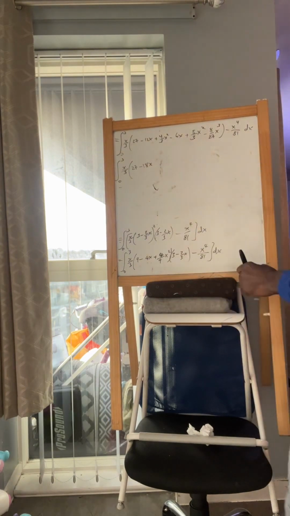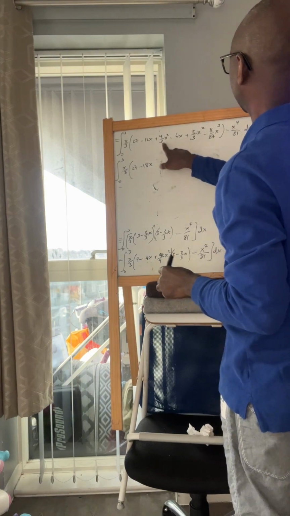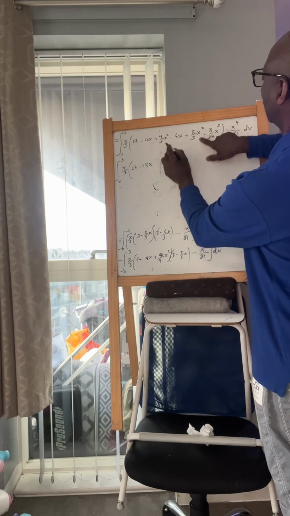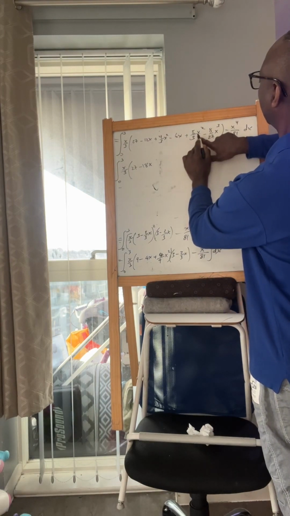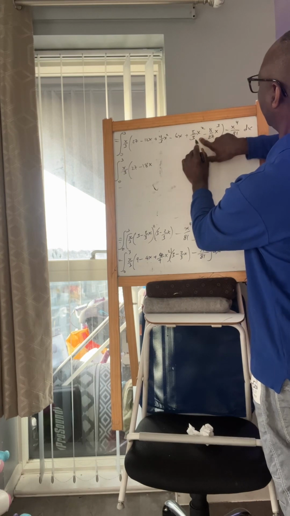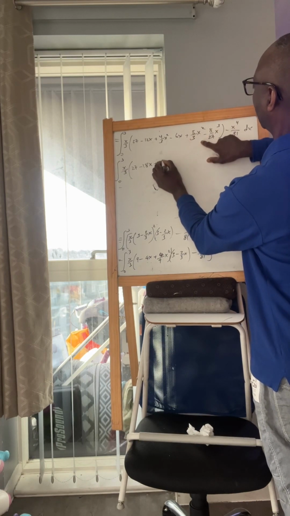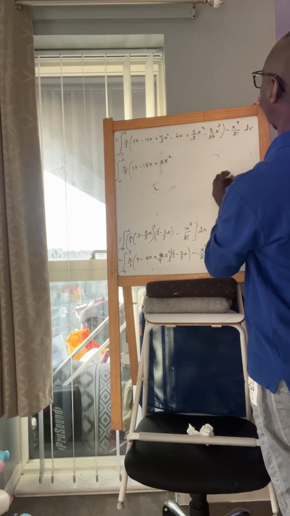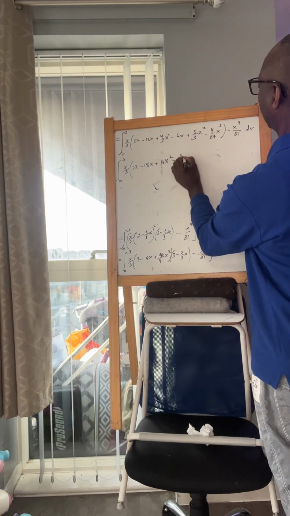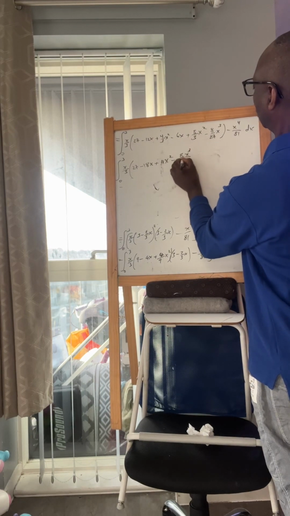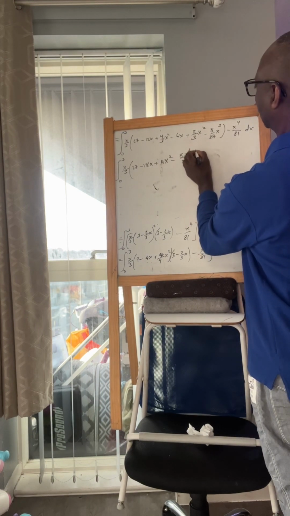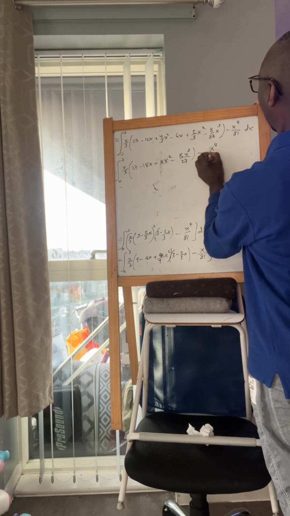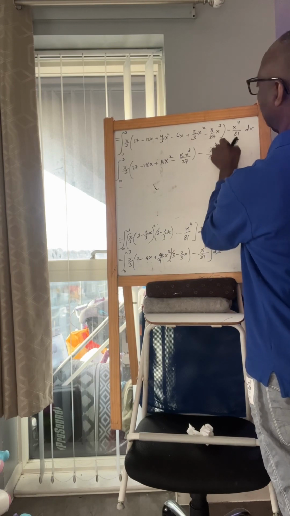Minus 18x. Now 4 thirds x plus this x squared. So we'll add them, 12x squared all over 3, which is 4x squared, because 12 over 3 is 4. And then minus 8x cubed all over 27 minus x to the power of 4 all over 81 dx.